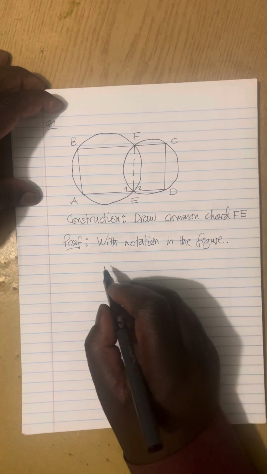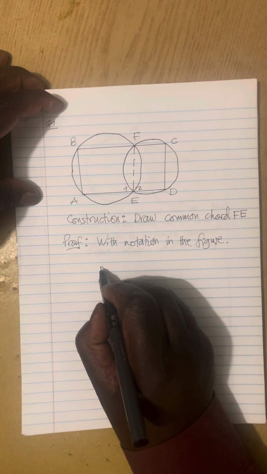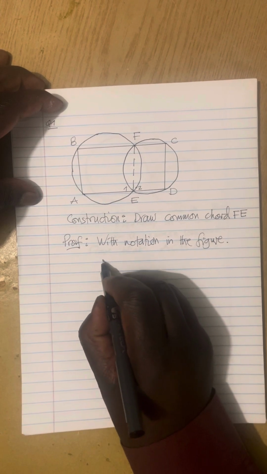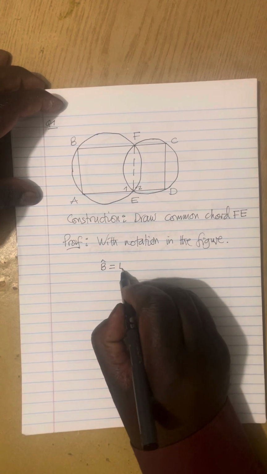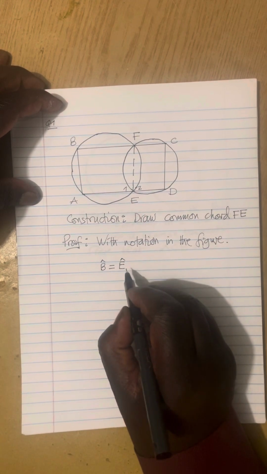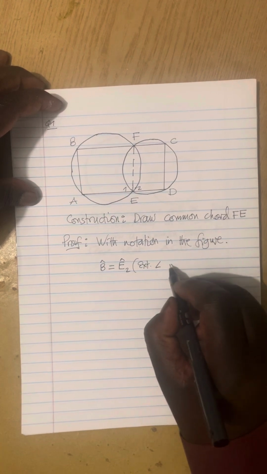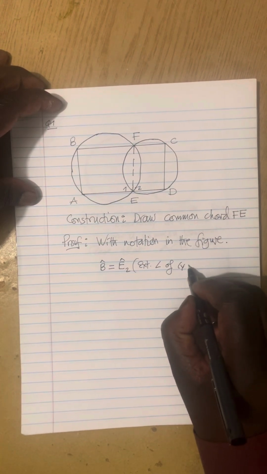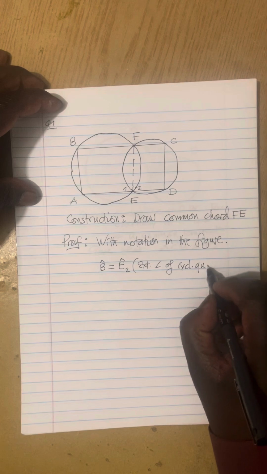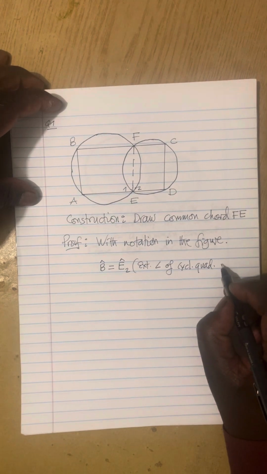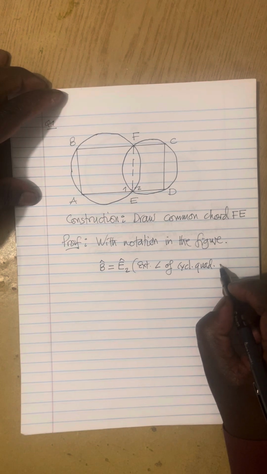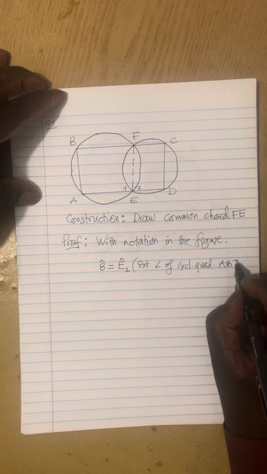We know that angle B is actually equal to angle E2. And this is exterior angle of cyclic quad. Let's mention the cyclic quad BFEA or ABFE.